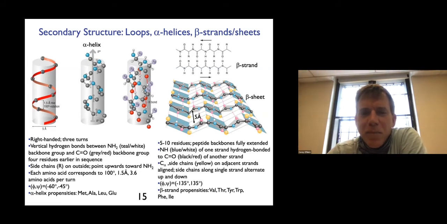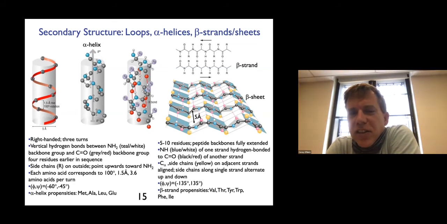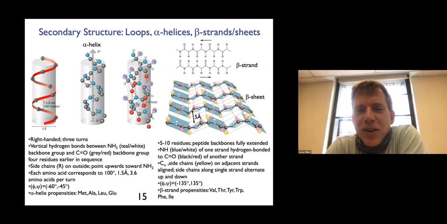Now, there's been a lot of debate, a chicken and the egg question, about whether the hydrogen bonding in the alpha helix structure is necessary for it to form, or whether it stabilizes it after. It's still an ongoing question. Maybe it's a little bit of both, but that's just for your edification.